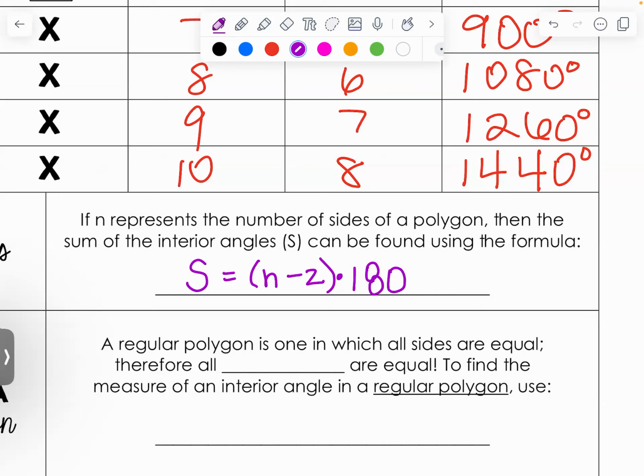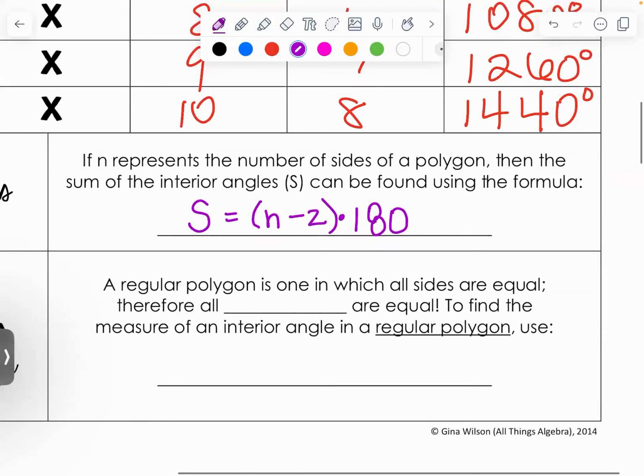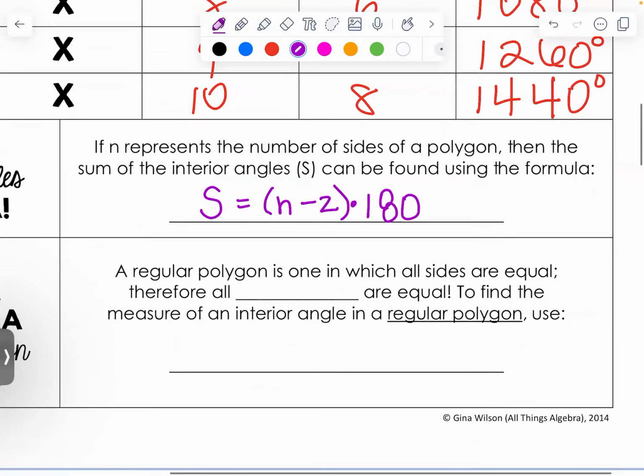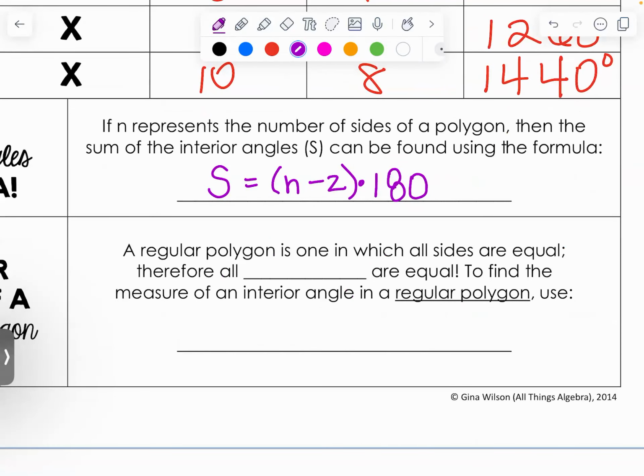Okay, so what does a regular polygon mean? A regular polygon means all sides are equal, which also means all angles are equal.